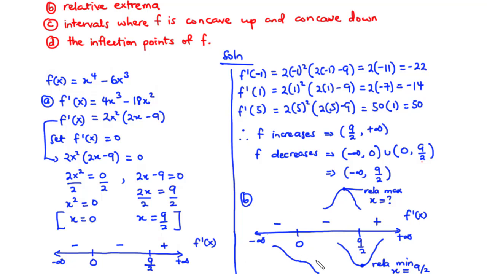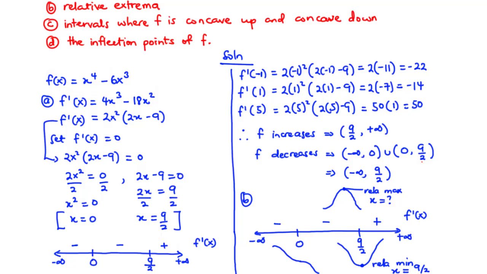So we can conclude that this function has a relative minimum at x equals 9/2, and it has no relative maximum. Now let's move on to see where we are going to find the intervals where f is concave up and when f is concave down.